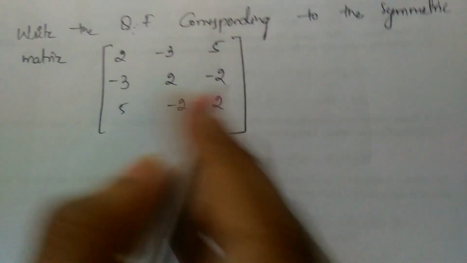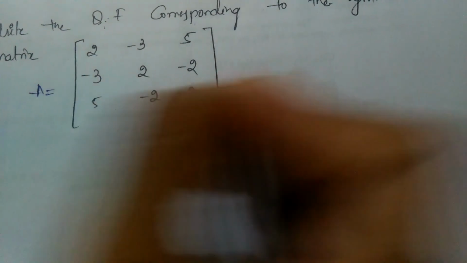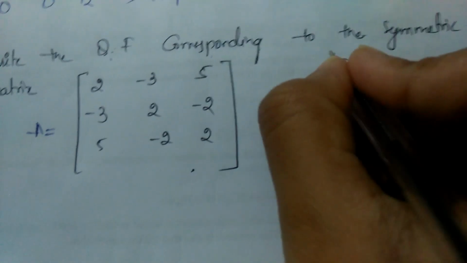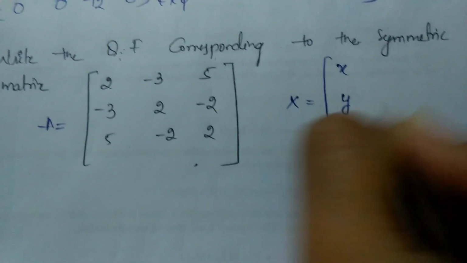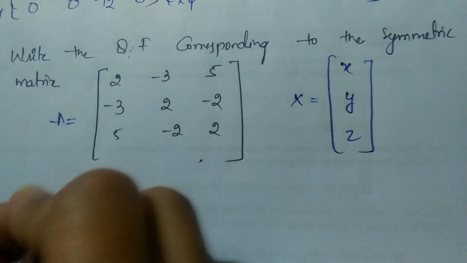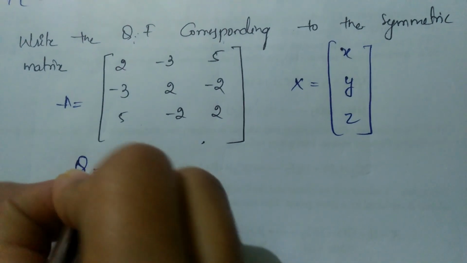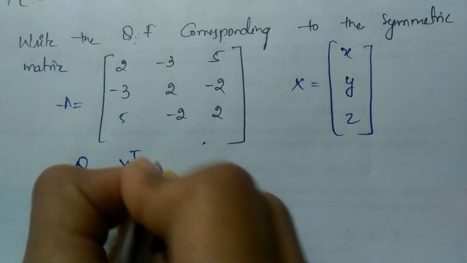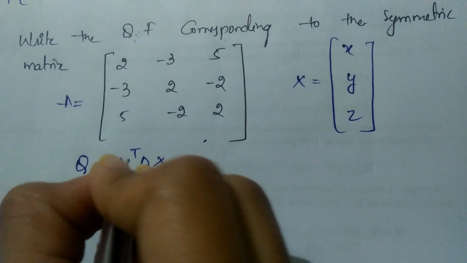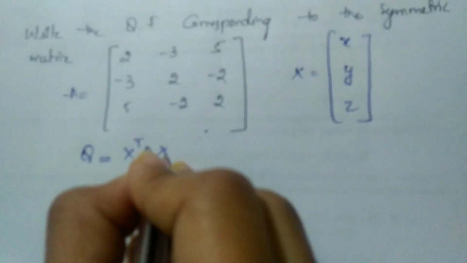Let A equal this matrix, and the variable matrix is capital X, equal to x y z. We know the formula for the quadratic form: Q equals X transpose A X, where T is the transpose of the matrix X.